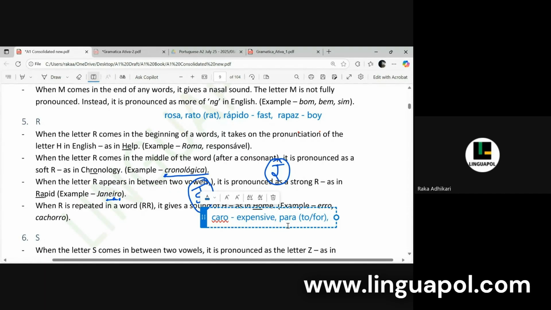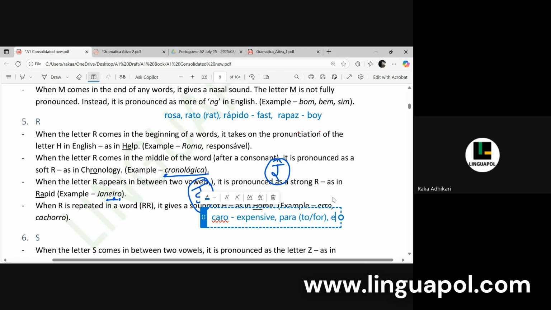Although the word is para, the Brazilians or the Europeans, I mean the native speakers, mostly say pra. Okay? So when you hear the natives, they will not say para, they'll say pra. But as of now, we have not used it at all, so let's not go into that. So this is para, which is a preposition. It means to or for.